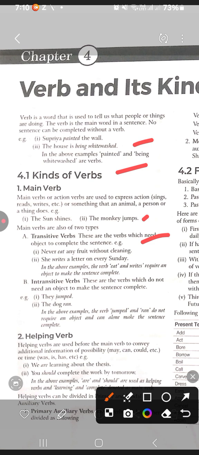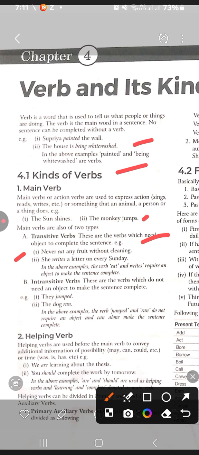So now we are going to understand which verb needs an object, just like: never eat any fruit without cleaning. If we say like this, never eat, it will be incomplete. Why? Because we are not able to understand what they are going to eat.